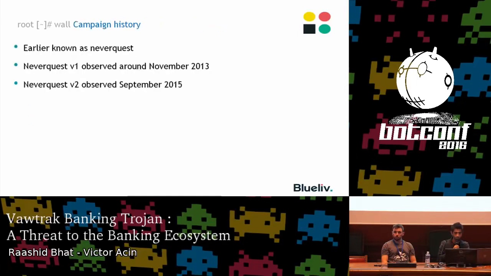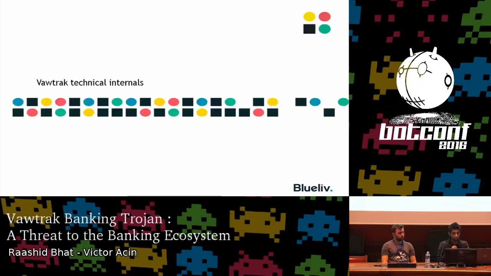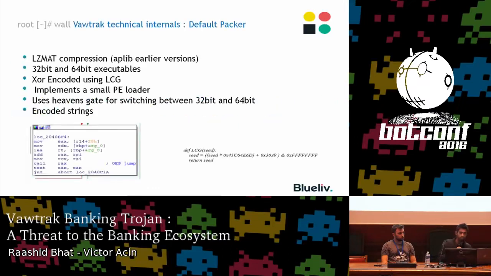So, as I told you, it was known as NeverQuest before, and the earlier two versions were observed around November 2013 and then September 2015. So going back to the technical internals, it basically comes with a default packer on top of the other packers which criminals encrypt or pack it with.